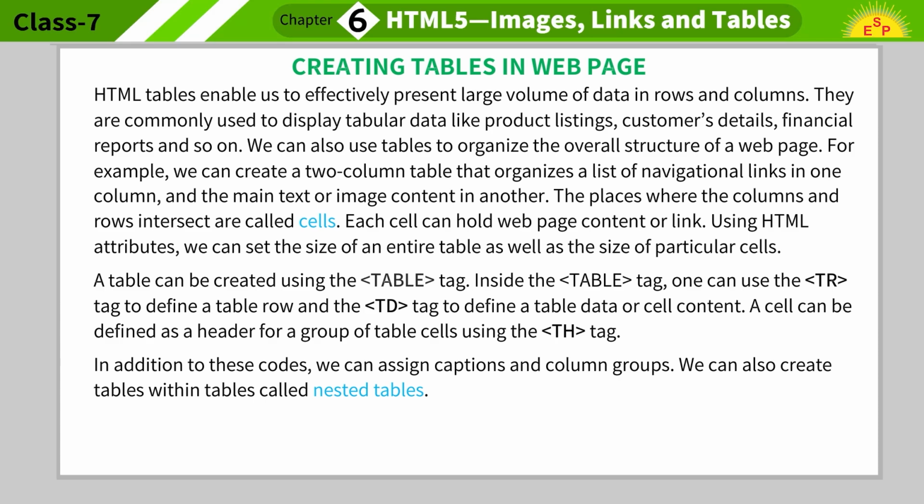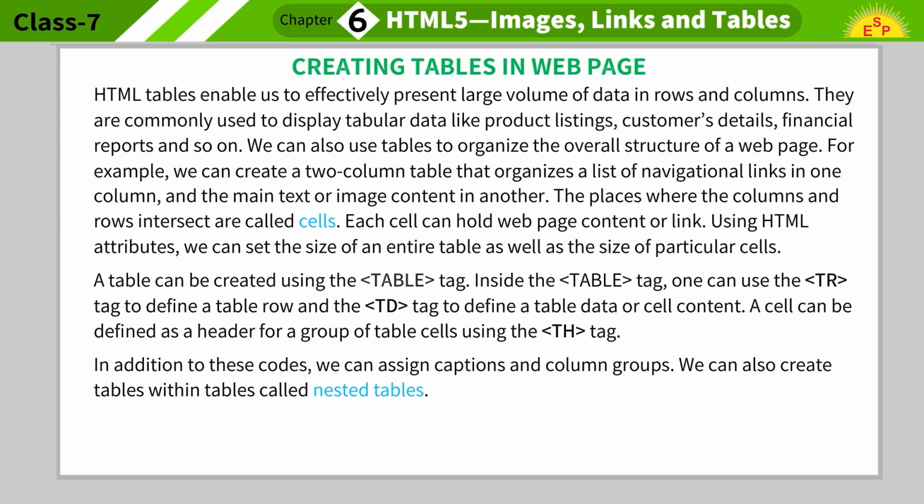The places where the columns and rows intersect are called cells. Each cell can hold web page content or a link. Using HTML attributes, we can set the size of an entire table as well as the size of particular cells. A table can be created using the table tag, the TR tag to define a table row, and the TD tag to define table data or cell content.